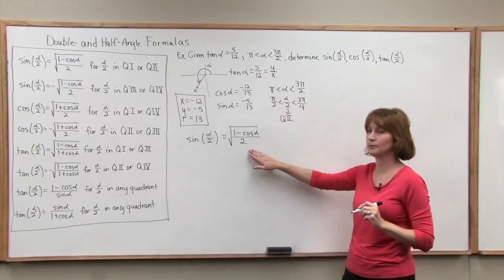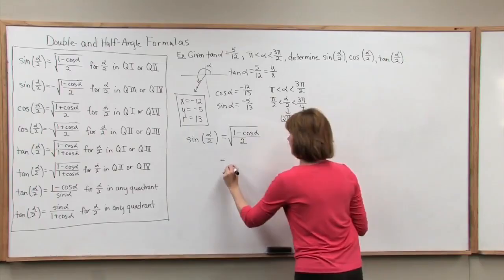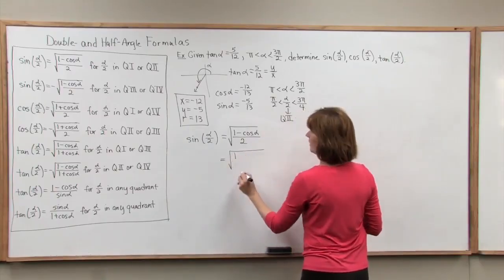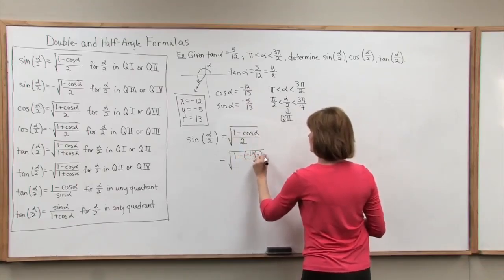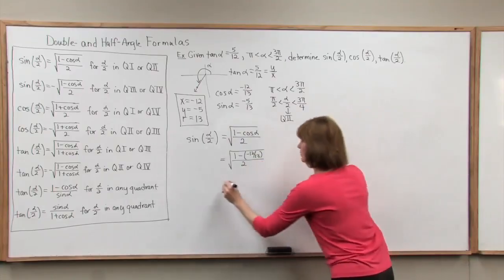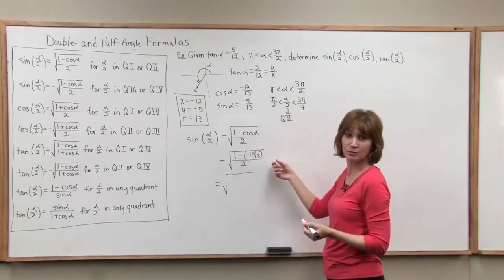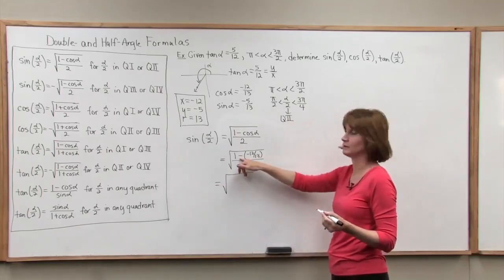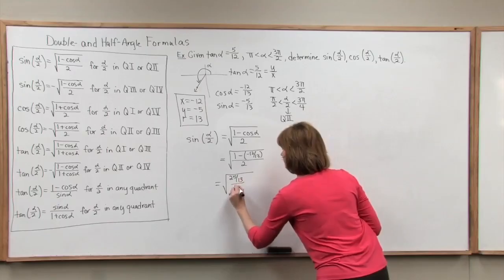Okay, write down your formula, don't skip any steps, and then plug in your value. Cosine of alpha is negative 12 over 13. So underneath the radical, you have 1 plus 12 thirteenths. Well, 1 is 13 thirteenths plus 12 thirteenths gives you 25 thirteenths.